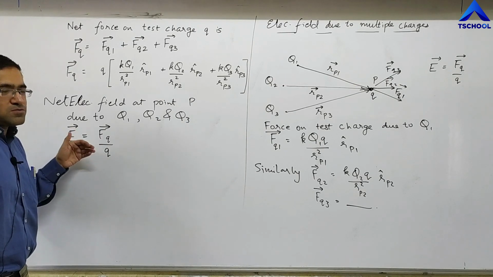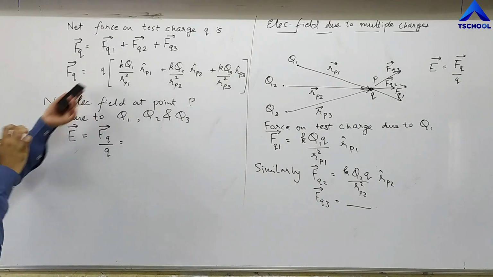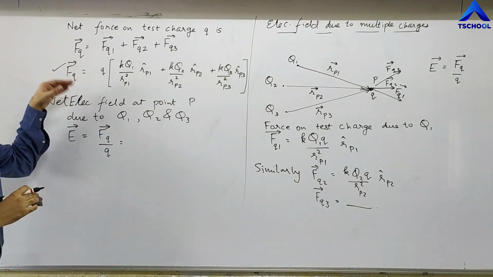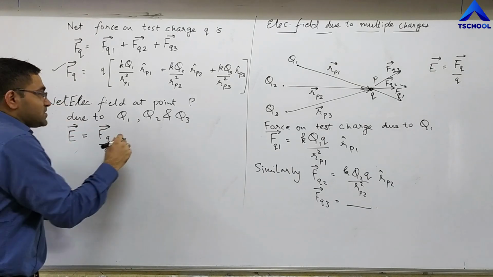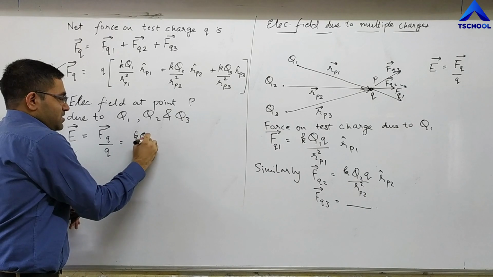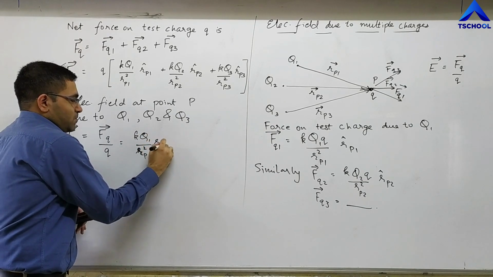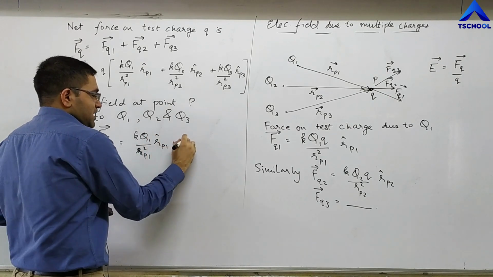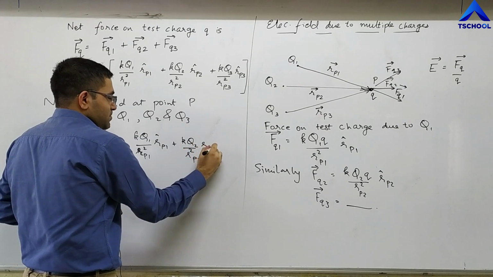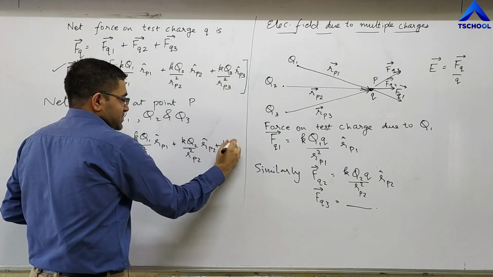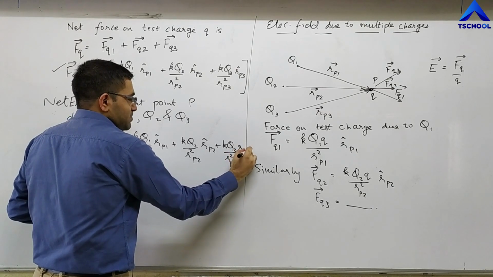So if I simply use the expression that I've got here, FQ vector divided by q, that is going to give me K Q1 by RP1 squared RP1 hat plus K Q2 by RP2 squared RP2 hat and just like that K Q3 by RP3 squared RP3 hat.